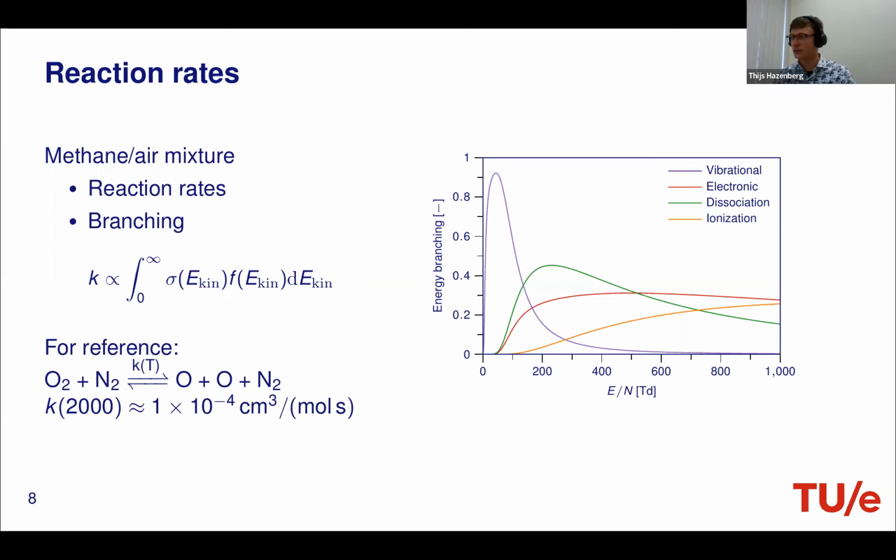And then finally, a little bit above 100 Townsend, you also start creating ionized molecules. And these ionization processes are not really relevant for combustion, but they are required for the plasma. Right? If you are not able to ionize any molecule, they do not create extra electrons, and there is no plasma.